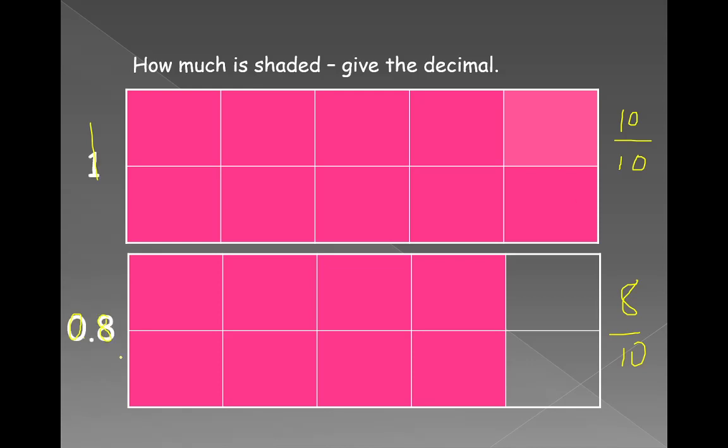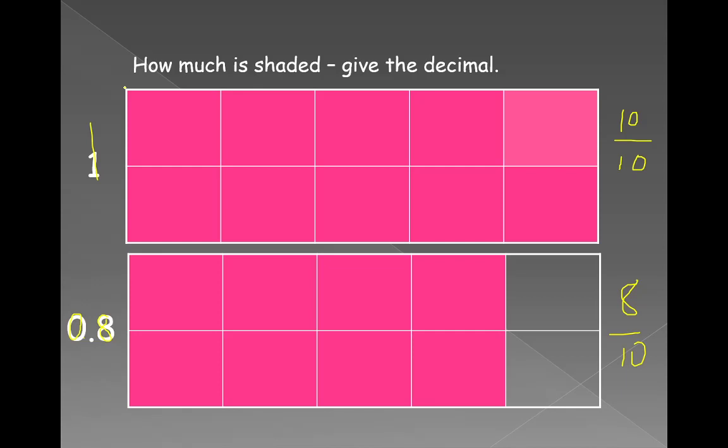Exactly right. Good. So together, they make 1.8, or 1 8/10. Yeah? What about this one? What do you think this is? Well, you're right. We've got 1, 2 as wholes, so 1 and 2.